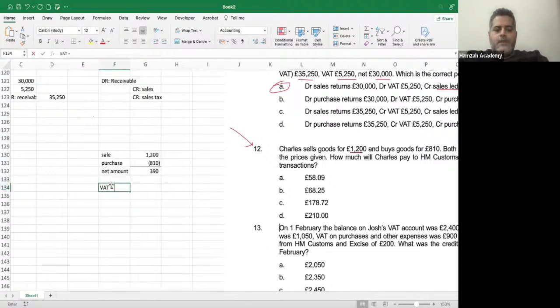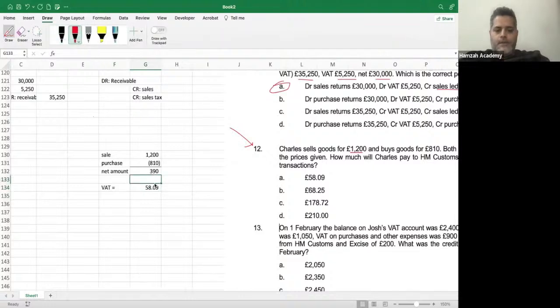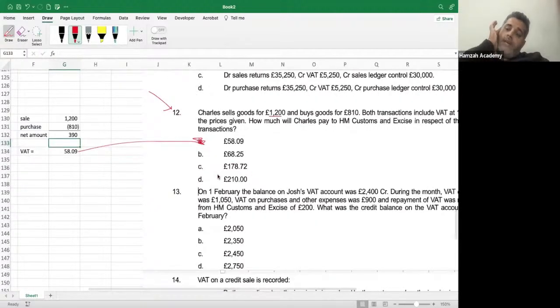So the VAT is going to be 390 by 117.5 into 17.5, and we get 58.09 over here. So this is going to be option A. Right? Done? I hope it's clear.